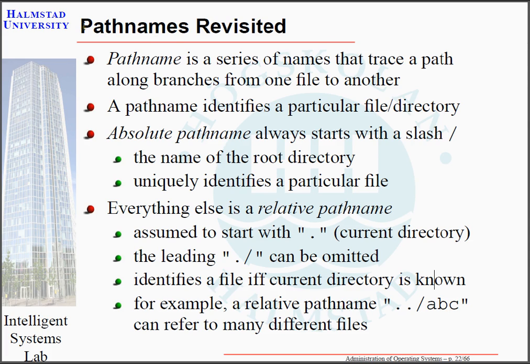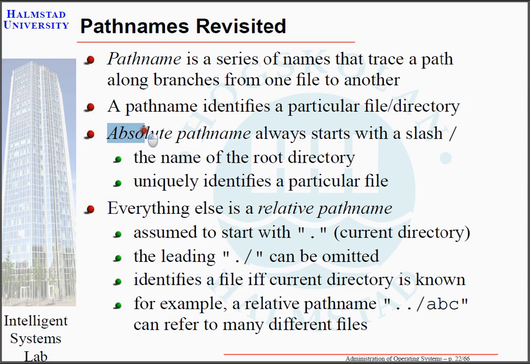Now that you know a little bit more about those concepts, we can come back to the idea of path name. Again, a path name is a series of names that trace a path along branches from one file to another, and the idea is to identify a particular file or directory. There are two kinds of path names.